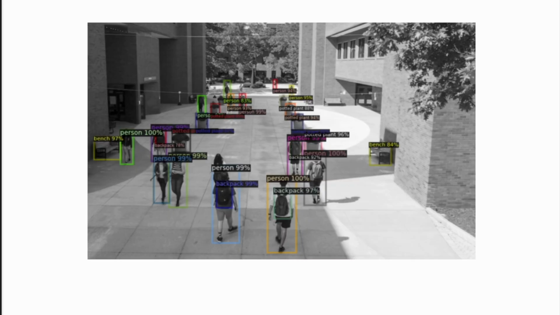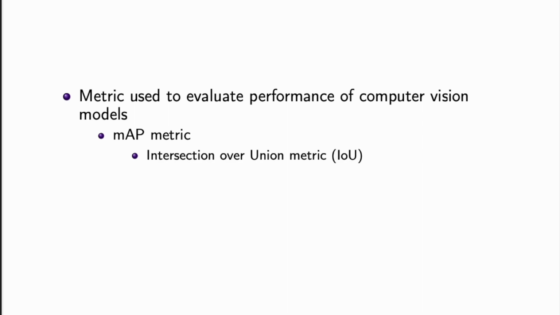So typically that's what the model does. Based on an image, it detects objects with various accuracies. So I'm going to talk now about the metric used to evaluate performance of computer vision models, which is the mean average precision metric. But in order to talk about it, I'm going to first introduce the intersection over union metric, the IOU.